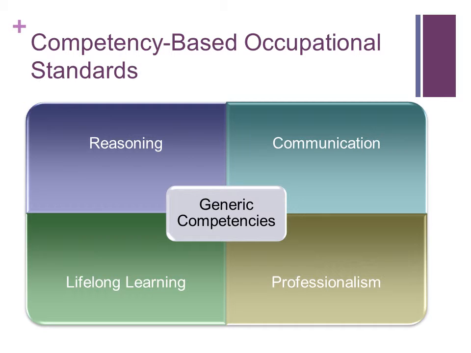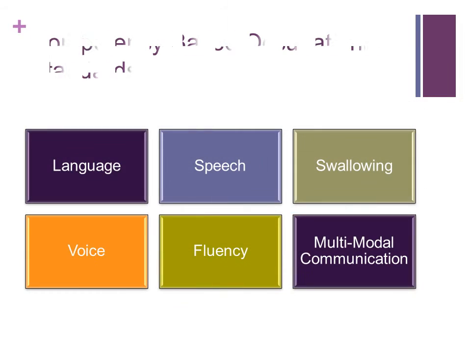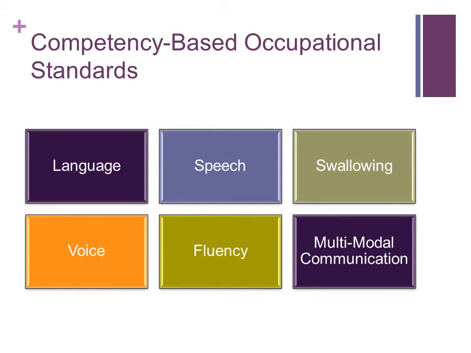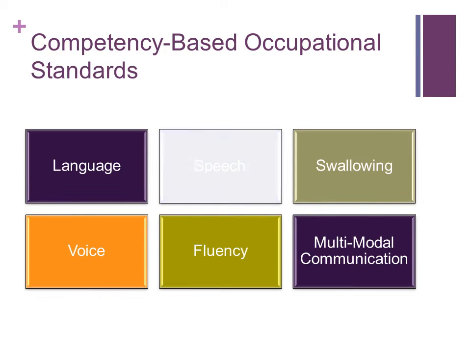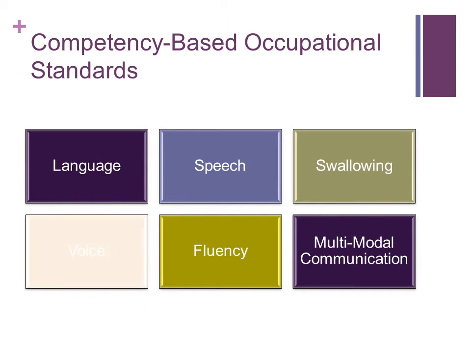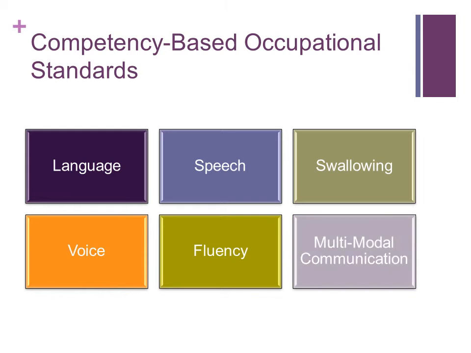The CBOS sets out 4 generic competencies for all speech pathologists. These are reasoning, communication, lifelong learning, and professionalism. Along with the general competencies, an entry-level speech pathologist must show competence in adult and pediatric speech pathology practice in the areas of language, speech, swallowing, voice, fluency, and multimodal communication.